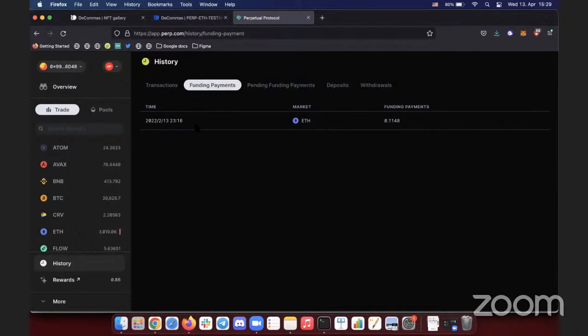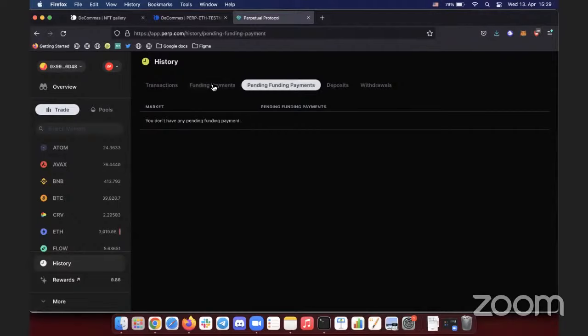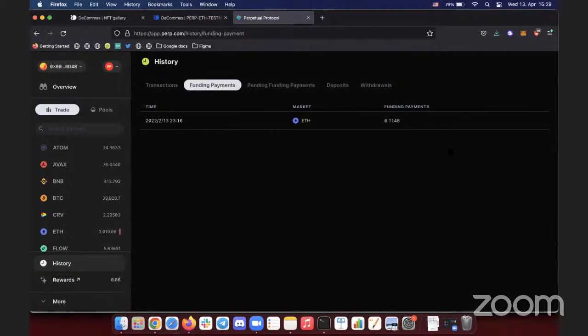This one I held for just a few hours probably, and then I received funding. At that time there was a really heavy funding rate skew, but I still received some. So you'll be able to track your funding rate payments here, and if you have pending funding payments, you will see them here, and then you can calculate your PNL, what you have actually earned from the strategy.